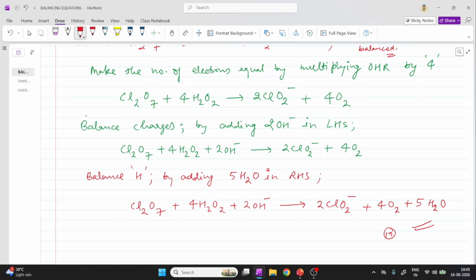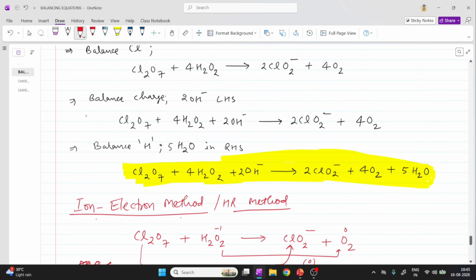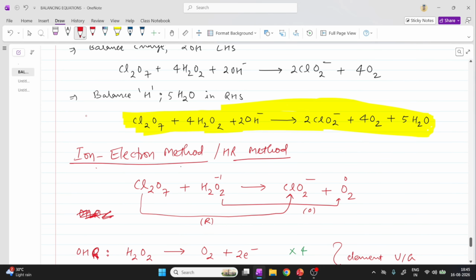Now just compare it with the previous method that we have used. So this is Cl2O7, 4H2O2, 2OH minus, and 2ClO2 minus, 4O2, 5H2O. I'm noting down the numbers: 1, 4, 2, 2, 4, 5.